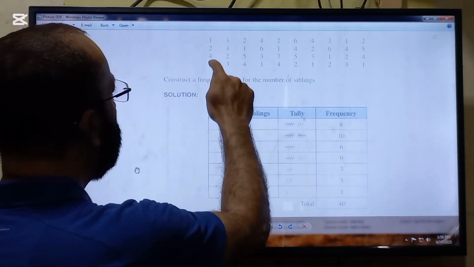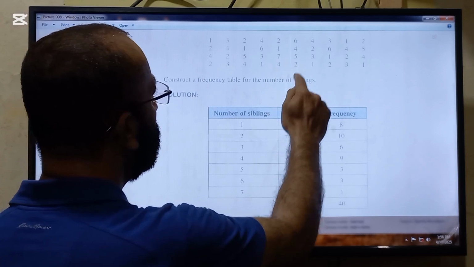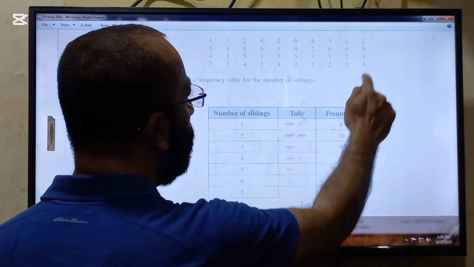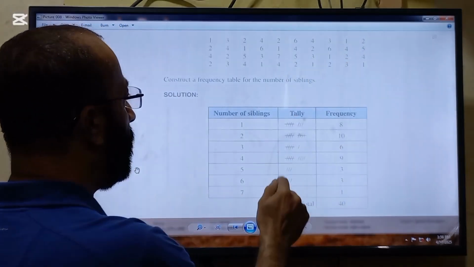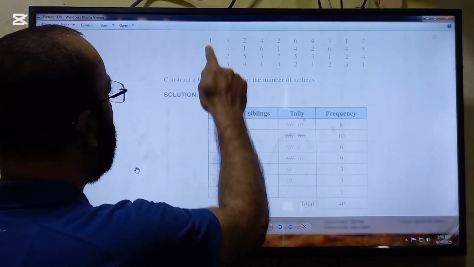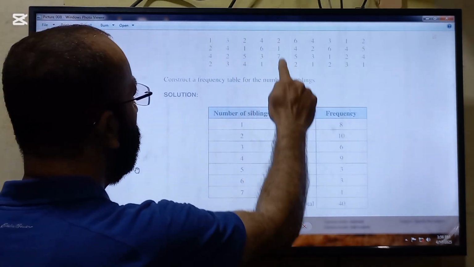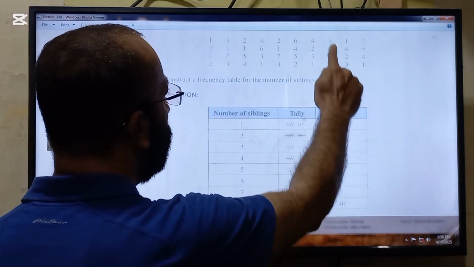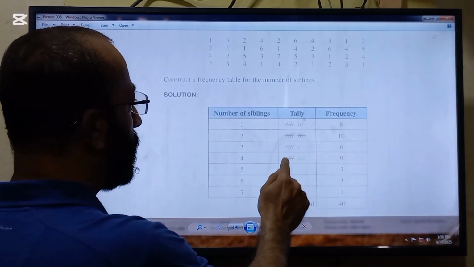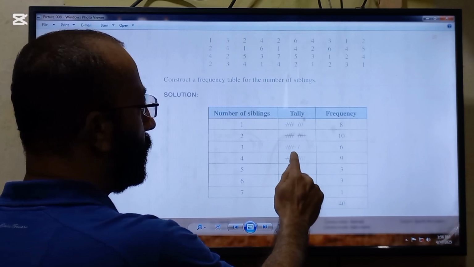2, so 1, 2, 3, 4, 5, 6, 7, 8, 9, and 10. So 2 is coming 10 times, so 2 bundles will be there, and 10 is the frequency. Like 3, so this is 1, 2, 3, 4, 5, 6. So 3 is coming 6 times, so this is the method of writing 6.